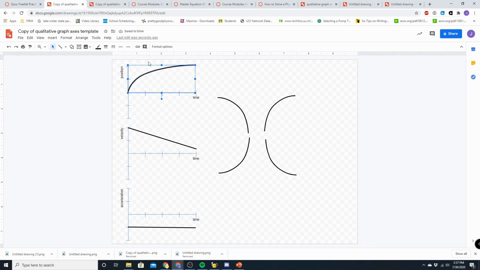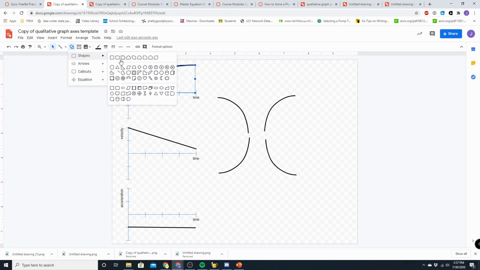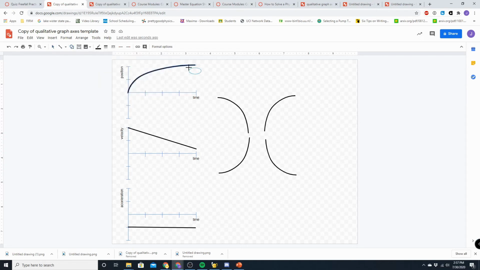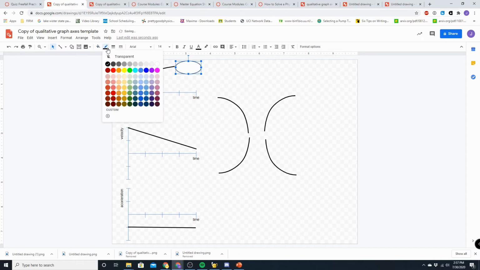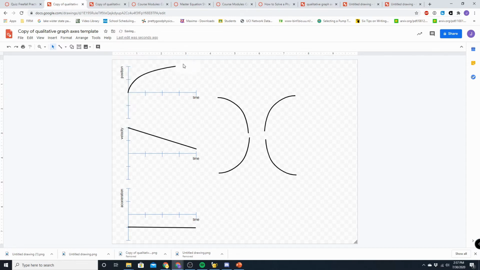If you wanted to be very fancy, you could try to make this graph match the velocity graph. And the way to do that in this software is very clunky. Maybe you know a better way to do it. I don't.